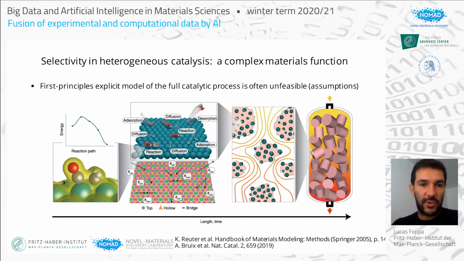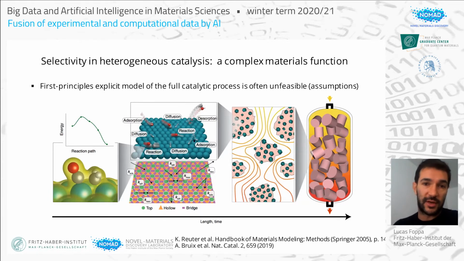So the idea is that we start from an atomistic model like this. So for instance, here we model this reaction, and we then build on this to model the other processes, so the diffusion and adsorption and everything. So this can be done, for instance, by means of ab initio thermodynamics or kinetic Monte Carlo methods. And so we have a lot of theory for that, especially developed also in this institute.